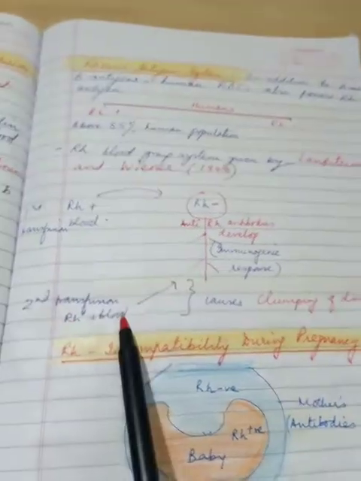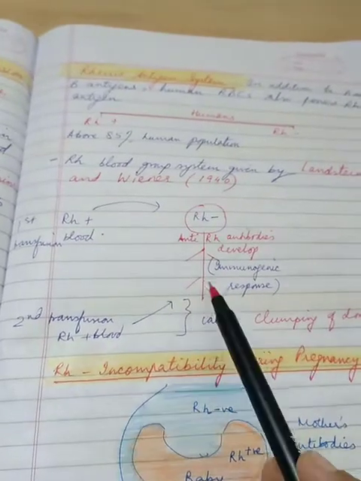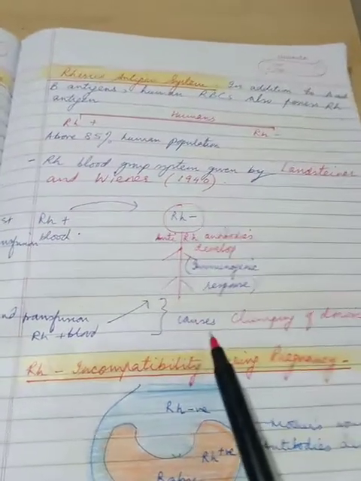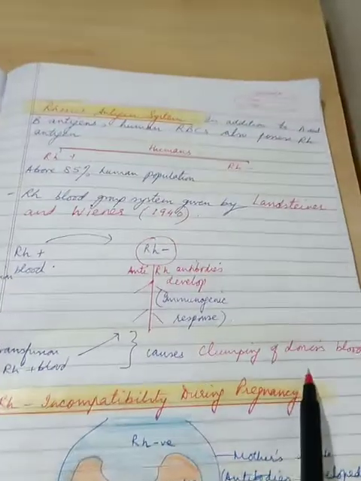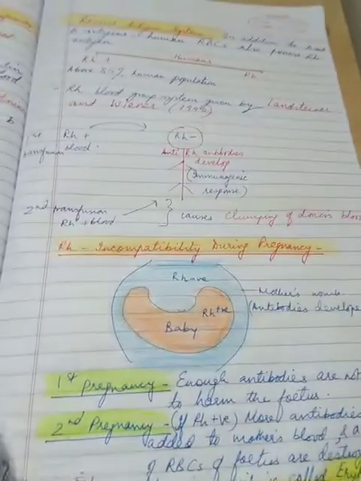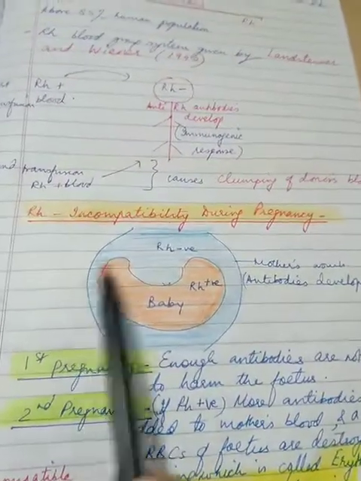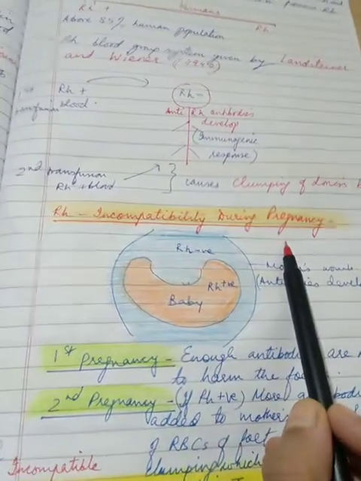But if a second transfusion is made with the same type of Rh positive blood to an Rh negative recipient, this causes clumping of the donor's blood, right? And that can be fatal. So today we'll close this topic with another situation, that is Rh incompatibility during pregnancy.